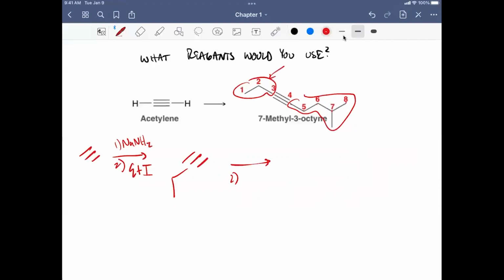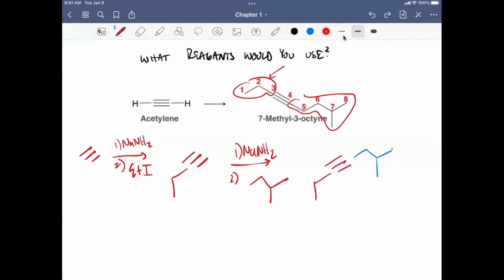That would be how many carbons in total? 1, 2, 3, 4. 1, 2, 3, 4, 5. I believe that's correct. And then obviously the NaNH2. So on your product, to get that product we're looking for, we should have 1, 2, 3, 4, 5.